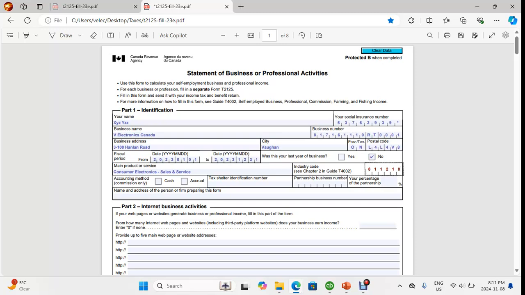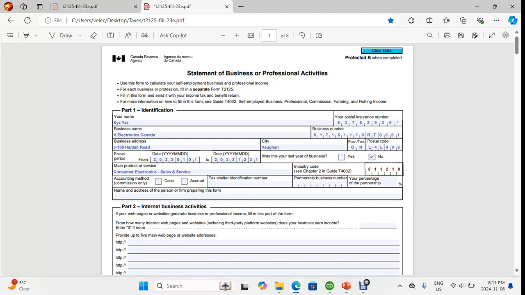When it comes to accounting method, this will be either cash or accrual. If you record your expenses as they happen, as they are incurred, you will need to use the cash type of accounting method. Unfortunately, this type of accounting method is only used for commission.